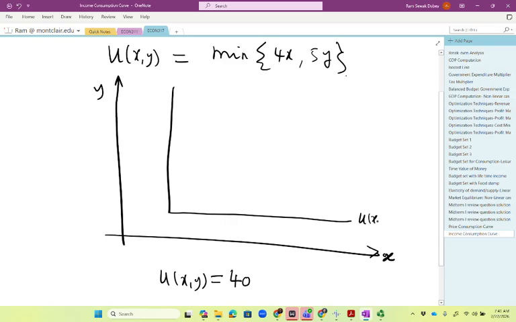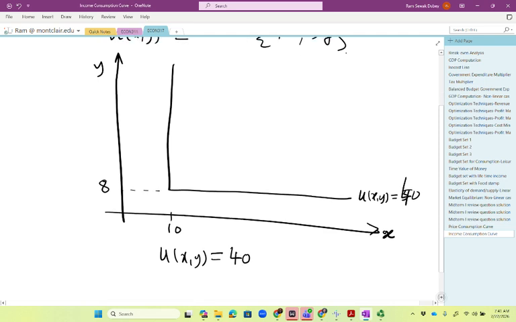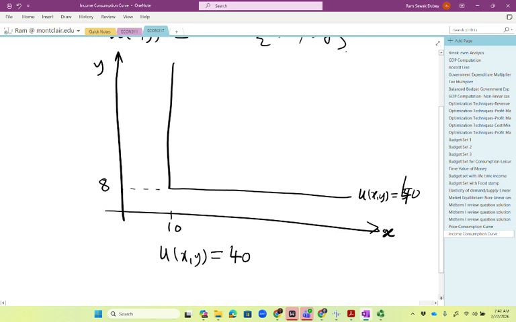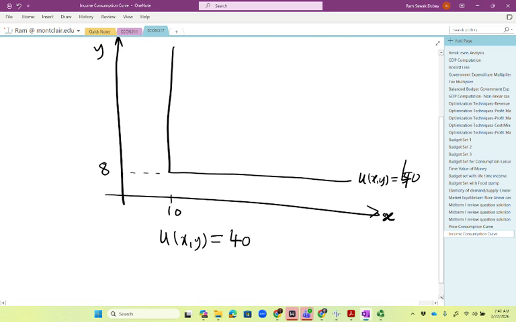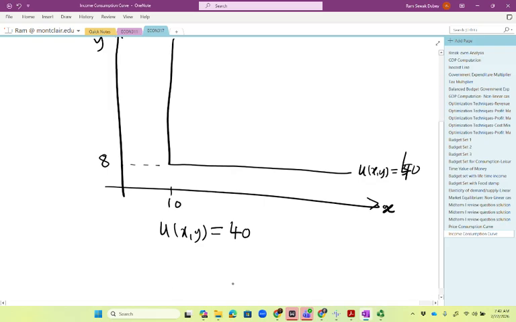So I will assume the indifference curve to have a utility of 40, which means we will have 10 units of good X and 8 units of good Y at the point where we have this change in the slope. This is an example of an indifference curve for the utility function when utility is fixed at 40.